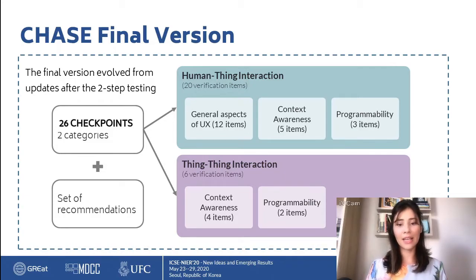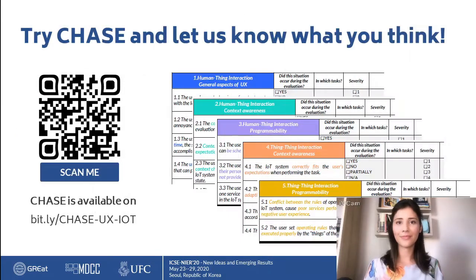Context awareness is in both categories, and it comprises items on how the user context affects the smart objects and vice versa. And programmability regards the variety of programmable behaviors that smart objects usually offer the user.